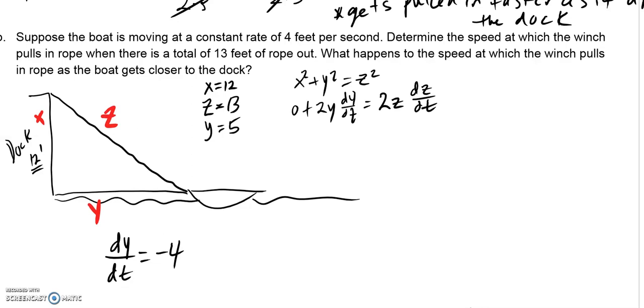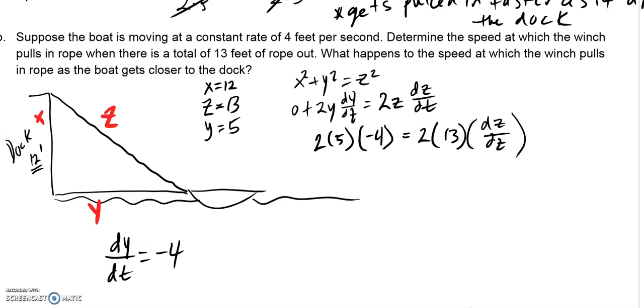At this point, we're going to go ahead and plug in all of our knowns. 13, and again, a squared plus b squared equals c squared. That's how I find that missing variable, which is 5 for y, but we did that on the last problem as well. And then we're going to divide out that 2 times 13. Those will cancel.